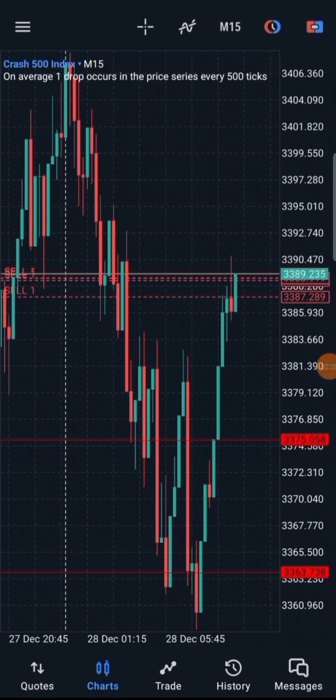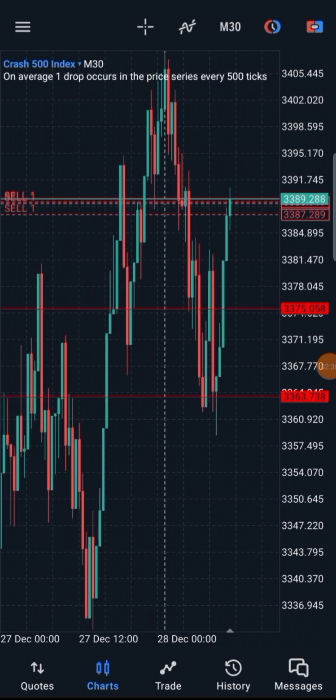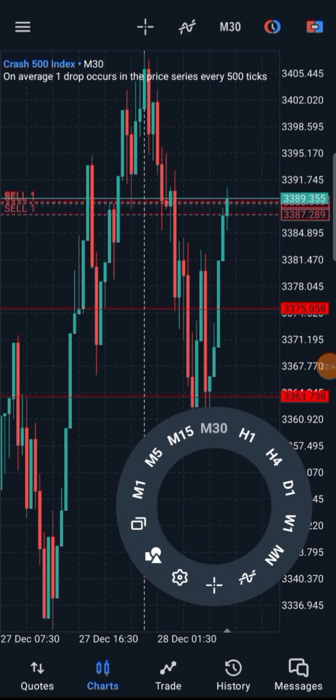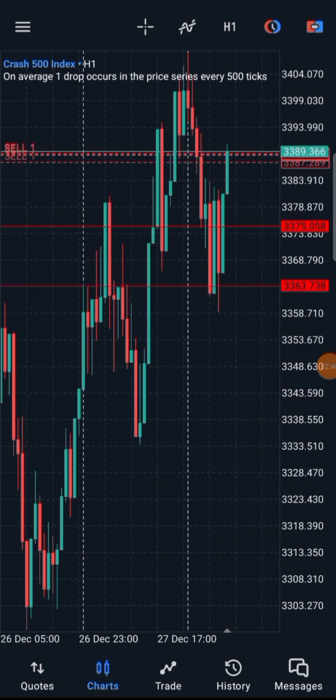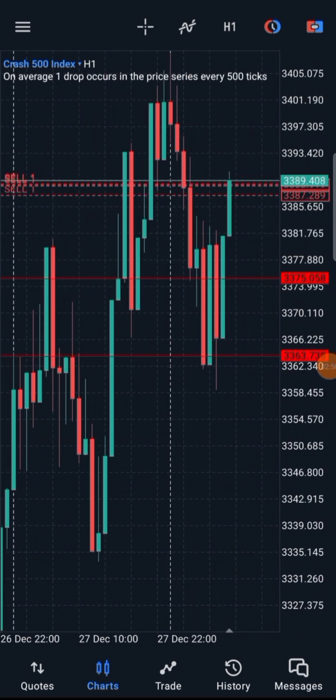You can go hard if you want, but well, so that you don't lose your account just in case the market goes against you, because at times it might be looking like it's a QML structure, but then the market decides otherwise. Let's say you're in for a sell, the bulls are more powerful than the bears. You'll find out that the price will go up instead of coming down. So it just depends with the market.